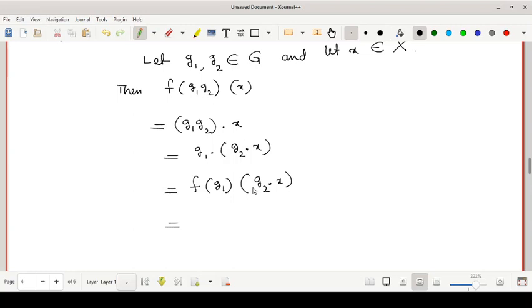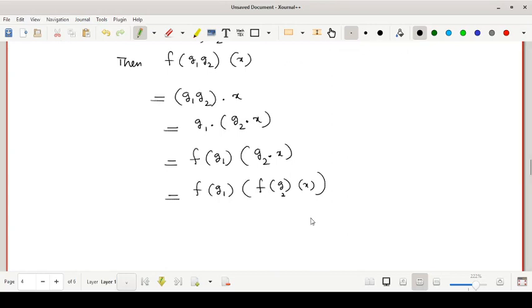Okay. But what is g2 dot x? g2 dot x is F of g2 of x. Use the definition of composition of function. This is equal to F g1 compose F g2.